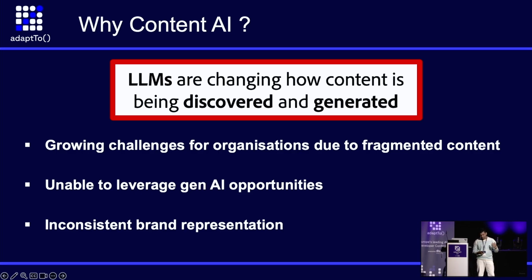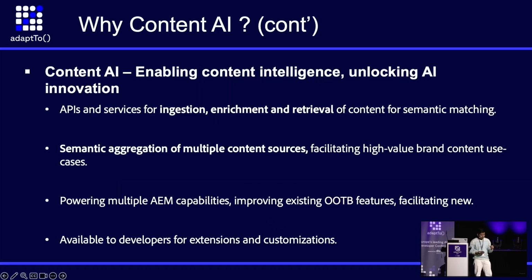But at the same time, they also face growing challenges because their content lives in various sources. And due to this, they are unable to leverage these opportunities to their optimal potential. And ultimately, this leads to an inconsistent brand representation.